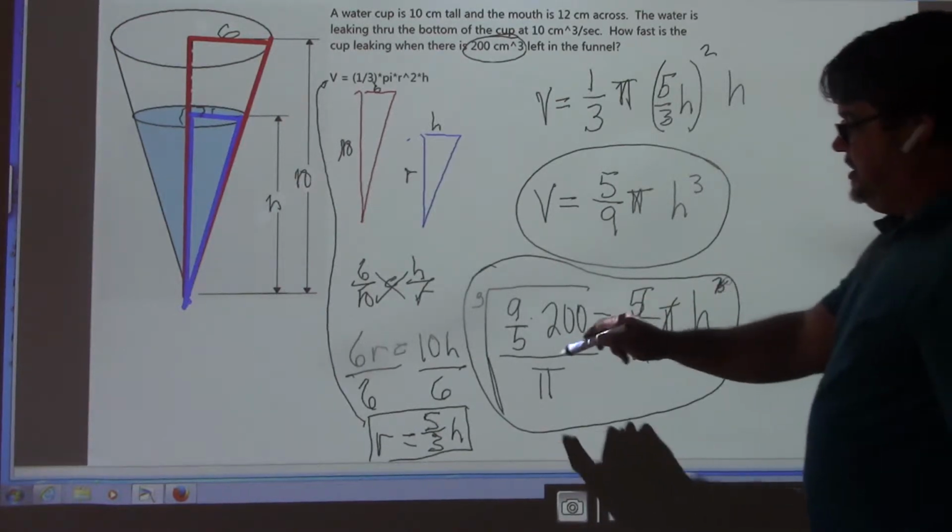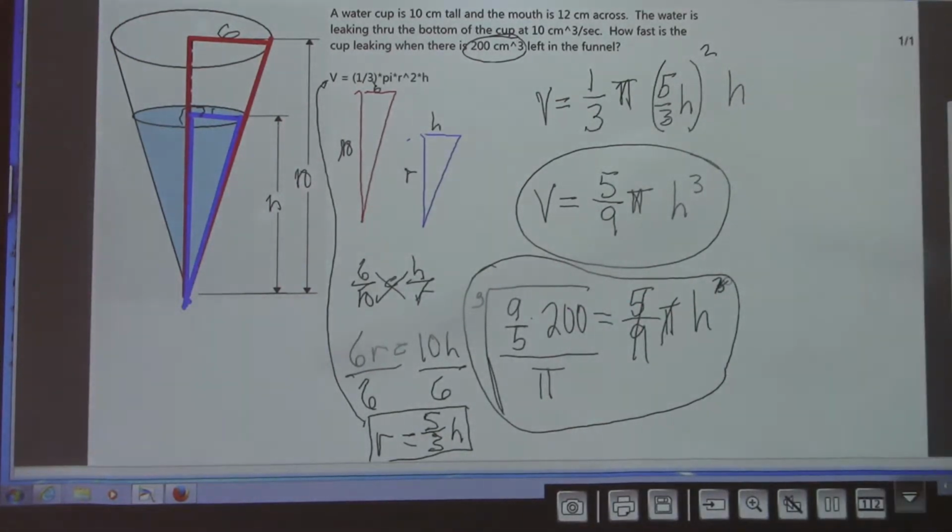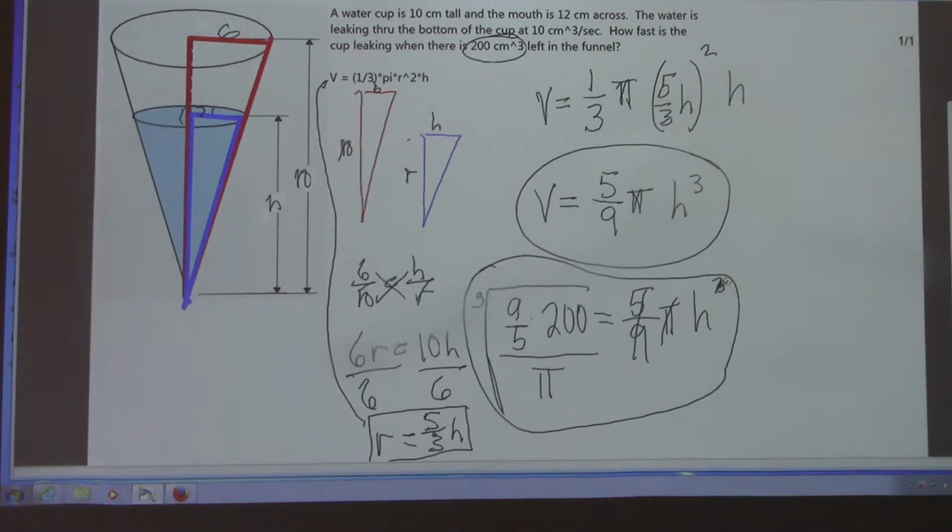When I did the math, I came out with H equal to 8.1.